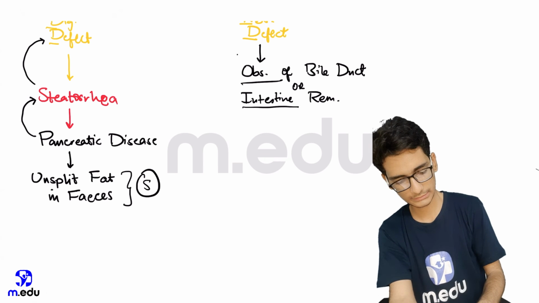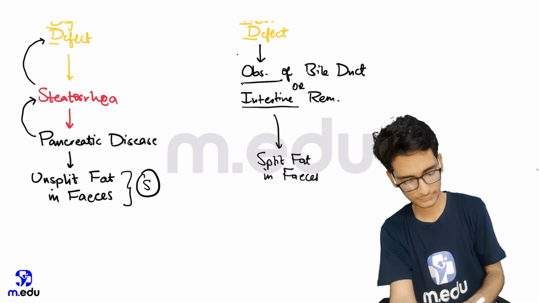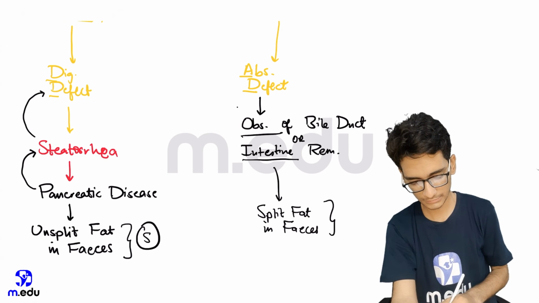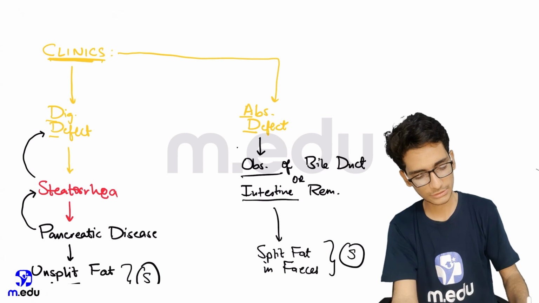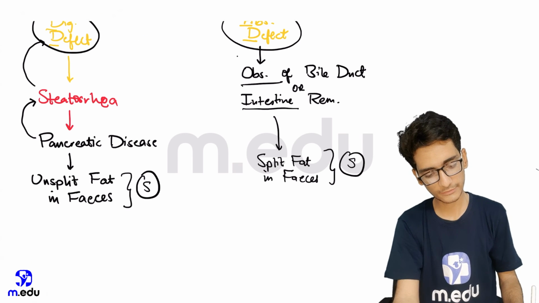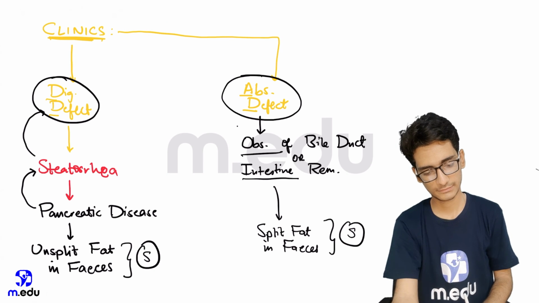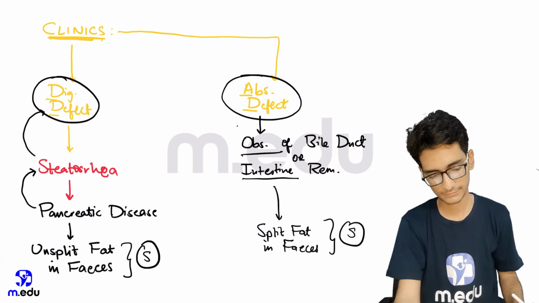In both cases, split fat is found in feces. That's the difference between digestion defect and absorption defect: unsplit fat in feces versus split fat in feces. That's the clinics of it.